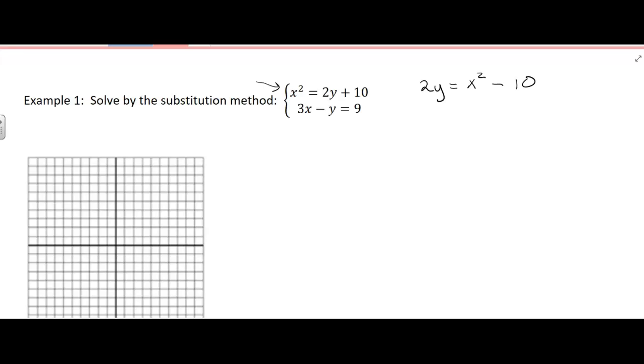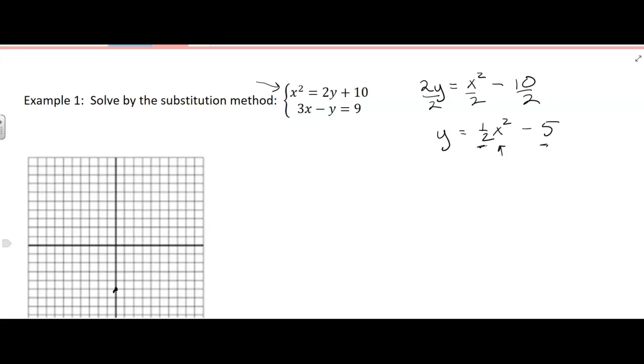So you can think about that a little bit, like if you got 2y by itself and you subtracted 10, and then if you were to divide by 2, this is one way you could look at this equation, you'd have 1/2 x squared minus 5. Now, if you think about what you know about transformations, this is a parabola, right? But it's only going half the distance, and it's shifted 5 units down. So if we think about what that looks like, let's see, 0, -5, 1, 2, 3, 4, 5.